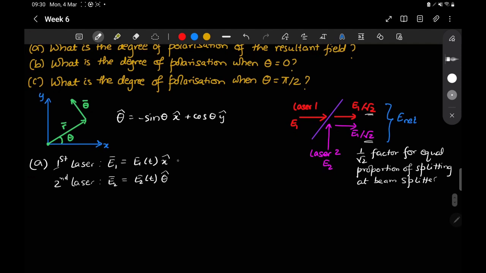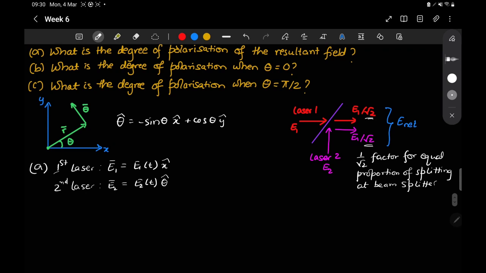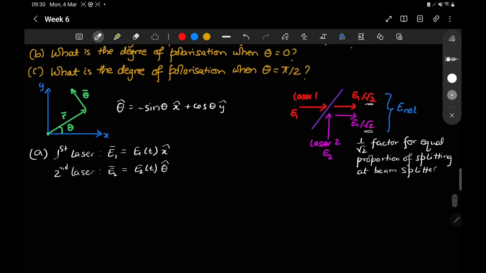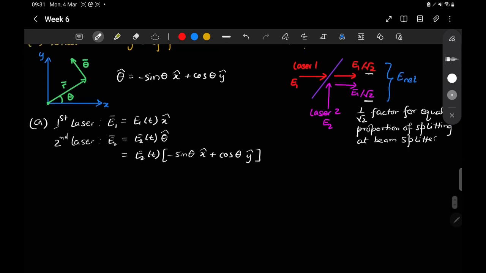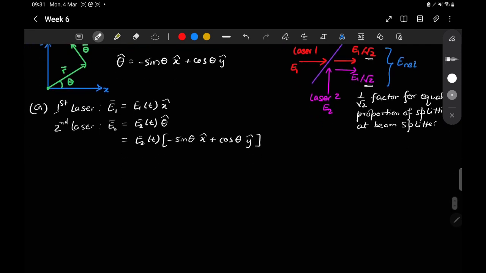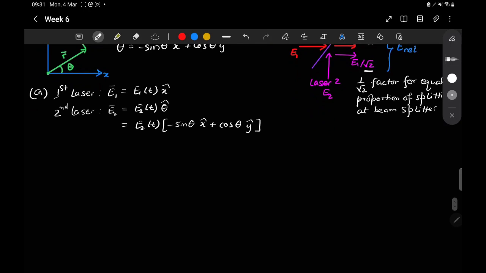So first laser along x direction, second laser along theta direction, and plugging in this expression for theta. Now after the beam splitter, let us write down what is the resultant field.